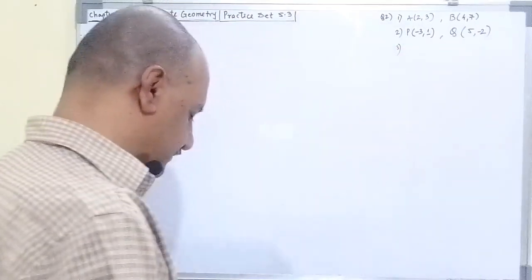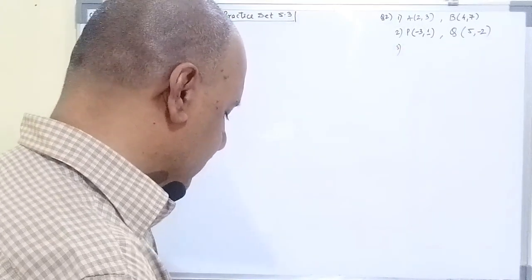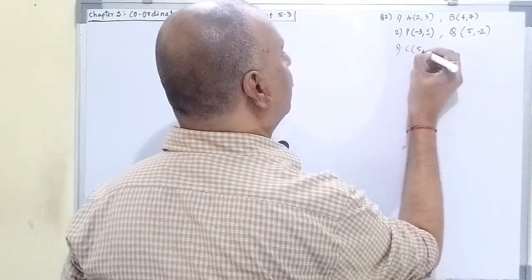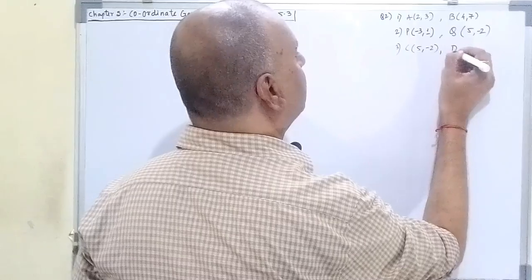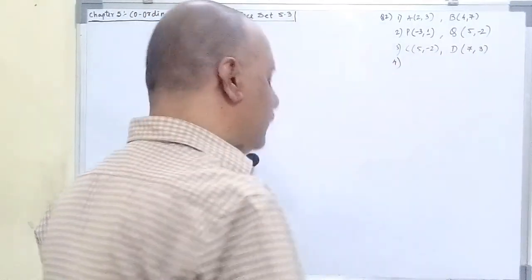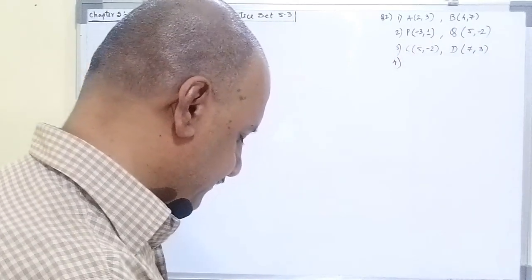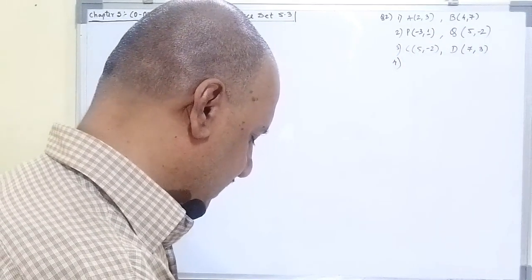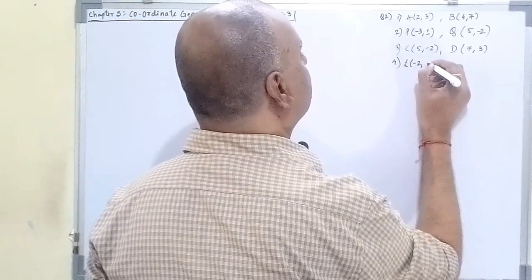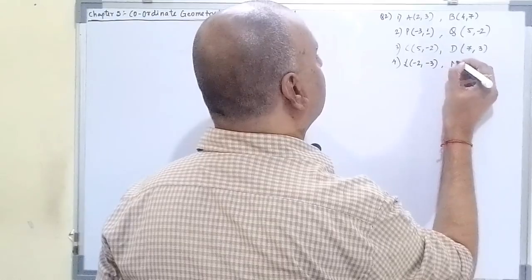Third, C and D. C is 5, -2, D is 7 and 3. Fourth, L is -2, -3.